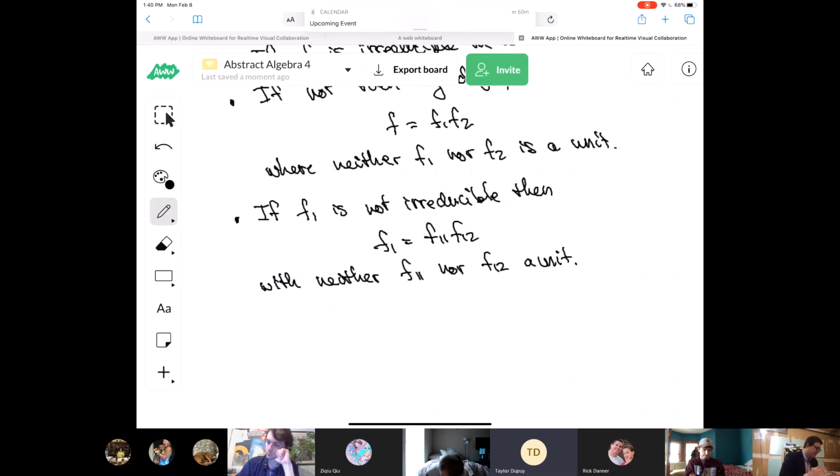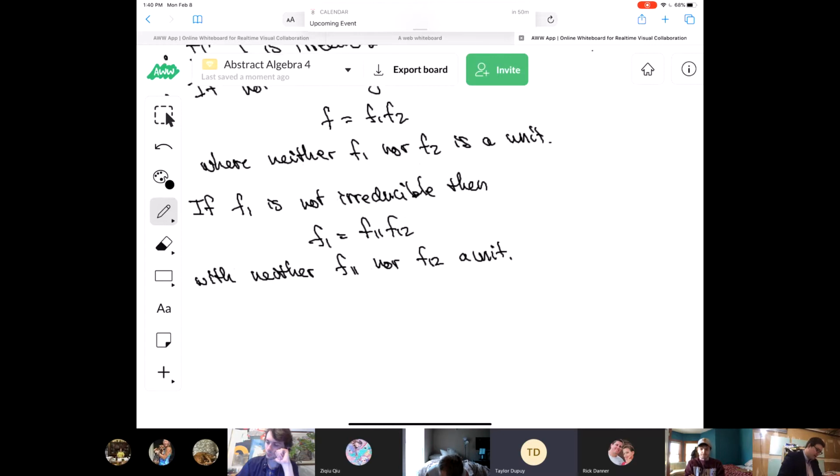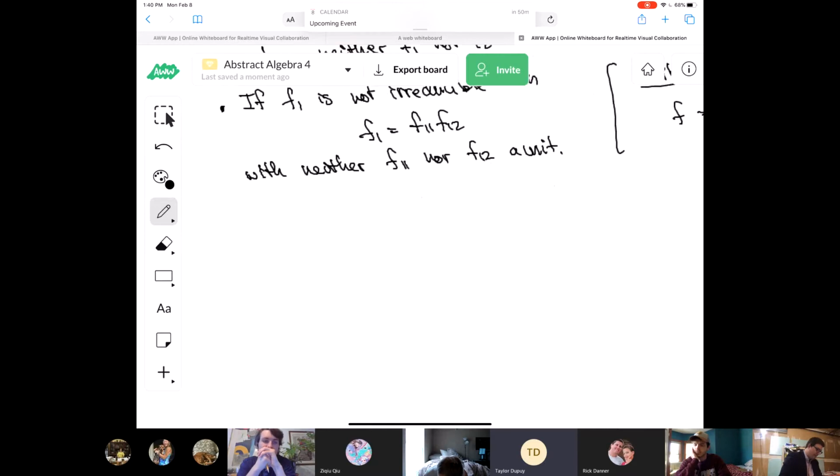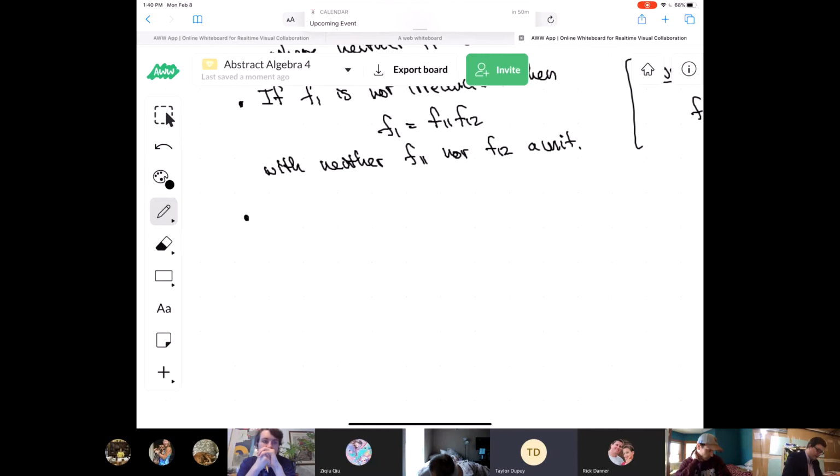And at this stage we can write f as equal to f11, f12, f2.